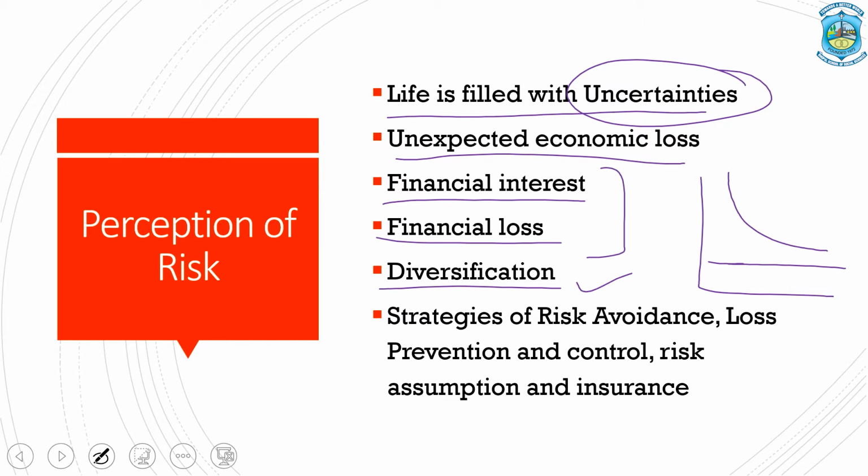So we are required to minimize this particular unsystematic risk, and for this systematic risk which is common to all, we need to have a proper allocation of our resources so that we will be able to cope with this systematic risk also. So the strategy is required to avoid the risk and prevent the losses and control them.